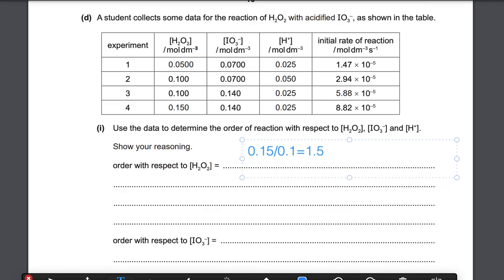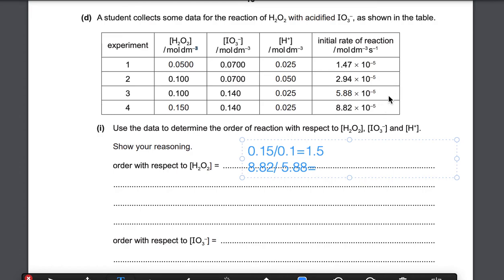Alright. Now we divide the respective rates of reaction. So it becomes 8.82 divided by 5.88. We don't add the powers because they have the same powers.